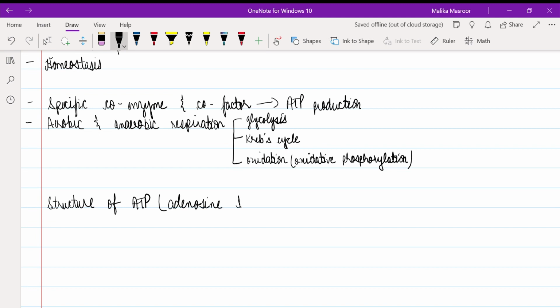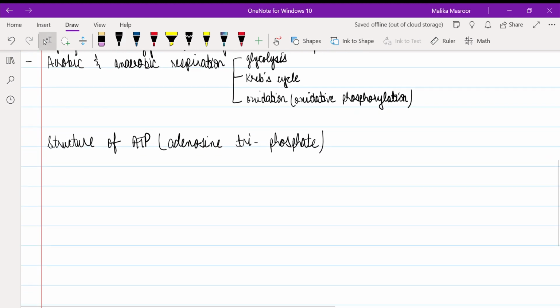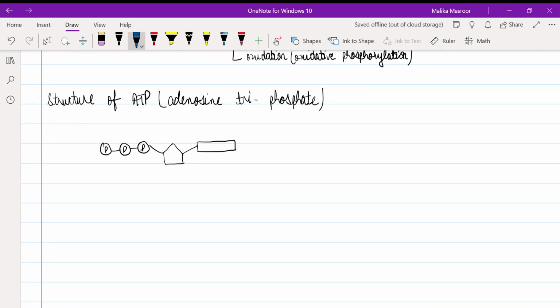Yes, very good. And so this is your ribose, and the example of ribose is pentose, so 5 carbon, with 3 phosphate groups and a nitrogenous base.